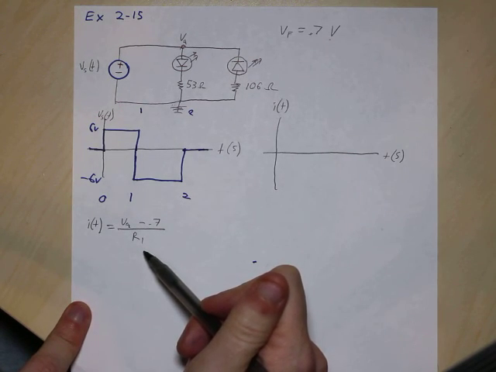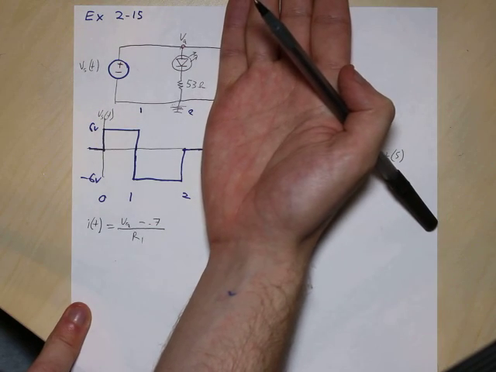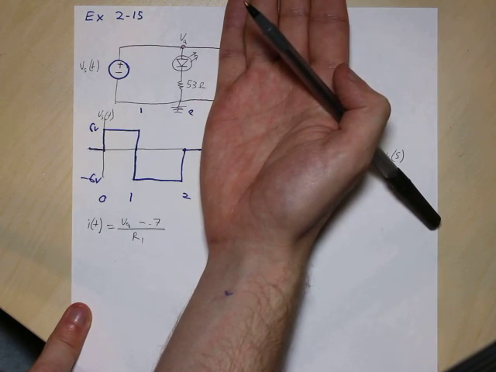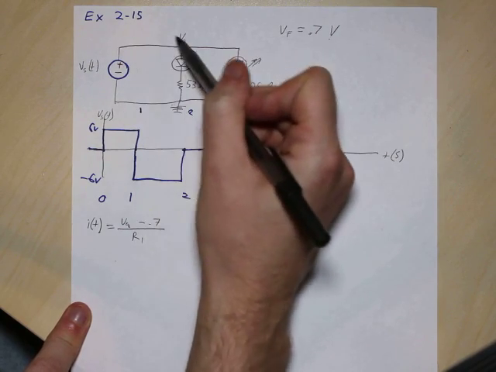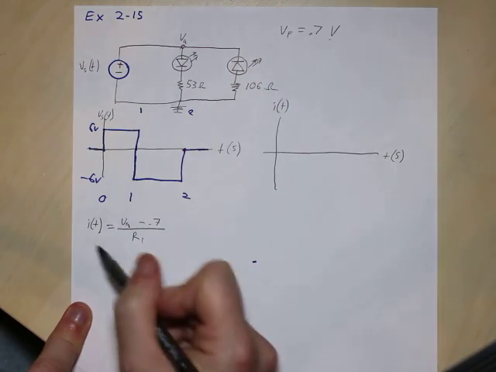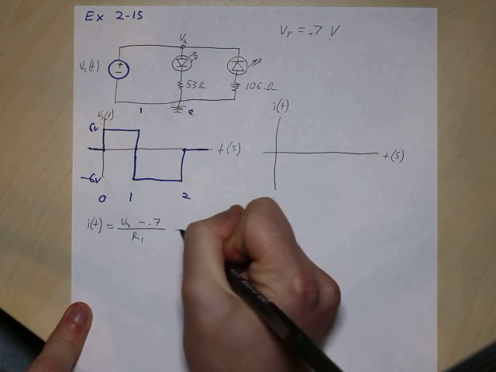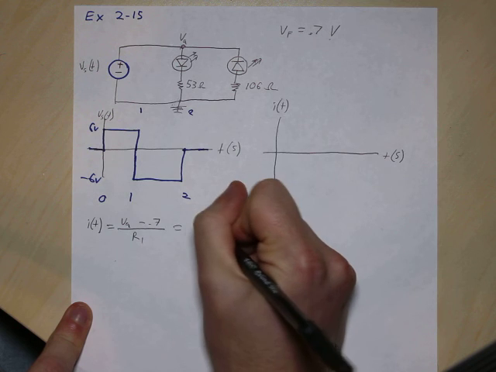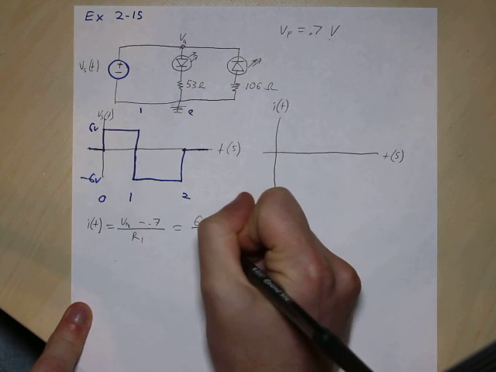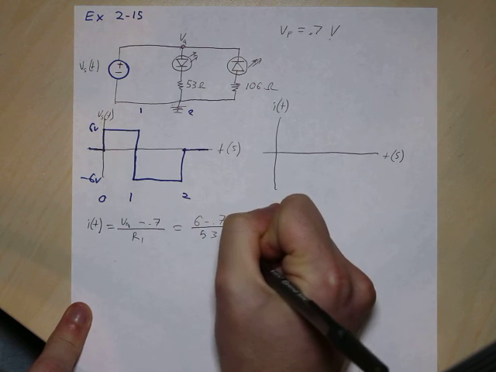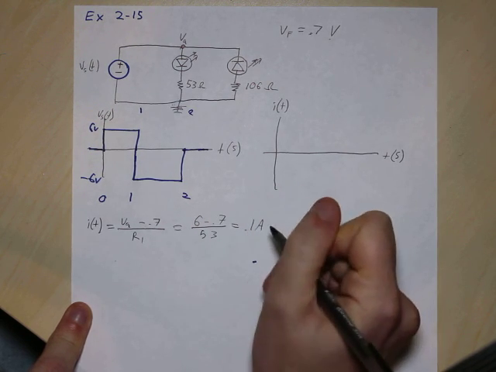How do we solve for this? From 0 to 1, we're essentially cropping out that part of the circuit, and we're just solving it as it is with Kirchhoff's voltage law. The sum of the voltages going around the loop equals 0, and that's what we're doing here. And so when we plug this in, we're going to plug in 6 minus 0.7 divided by 53 ohms equals 0.1 amps.